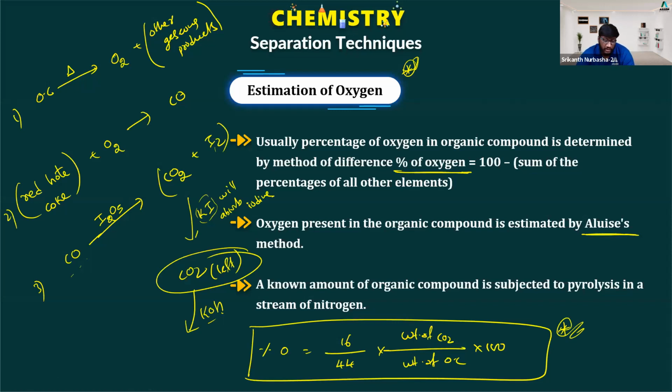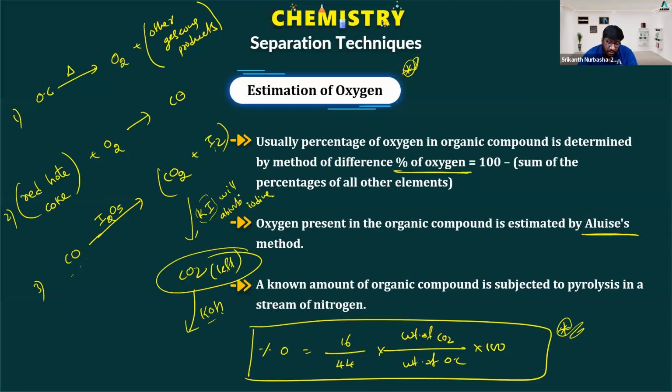Three steps are there. The organic compound is heated to generate O2 gas. The O2 gas is converted to carbon monoxide by passing over red hot coke. The carbon monoxide is treated with I2O5, iodine pentoxide, to form carbon dioxide and iodine gas. This mixture is passed through KI, potassium iodide.